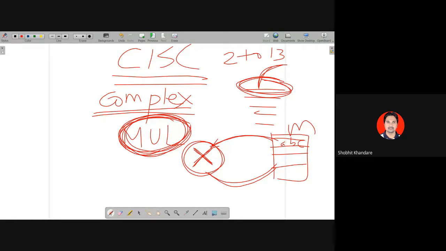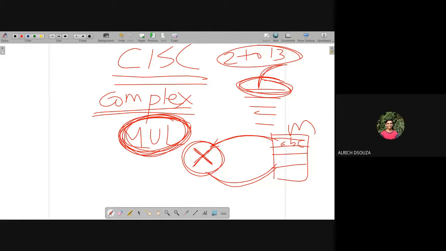So there are some pros and cons. अभी यहाँ पे एक इंस्ट्रक्शन है वो जो तीनों के तीनों काम करता है, लेकिन यहाँ पे ड्रॉबैक है कि ज्यादा टाइम लगता है. To execute a single instruction, you require more time as compared with the RISC. I hope you have understood this particular point.